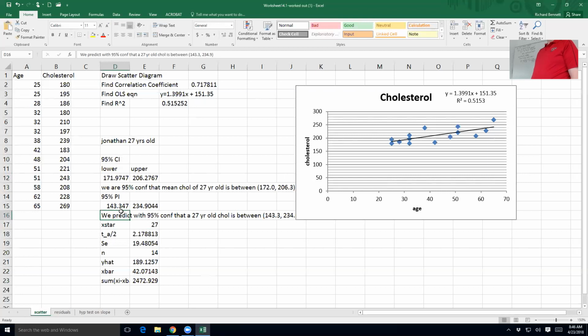Yes, a mean of 150 would be unusual. Okay? More than one Jonathan. So if we found a bunch of Jonathans on the track team or something, and we got a mean of 150, we'd say, wow, you guys have low cholesterol. That's awesome.